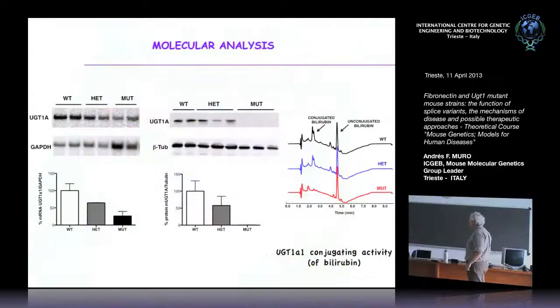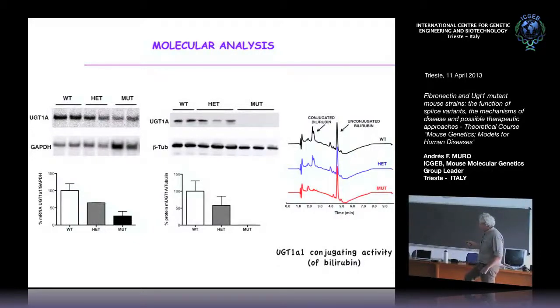And those animals, obviously, have no protein. They have a lower amount of mRNA, which we haven't gone deeply into, but we suppose that it's due to nonsense-mediated decay because of the presence of a premature stop codon.